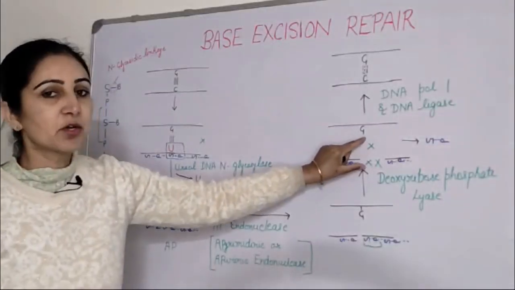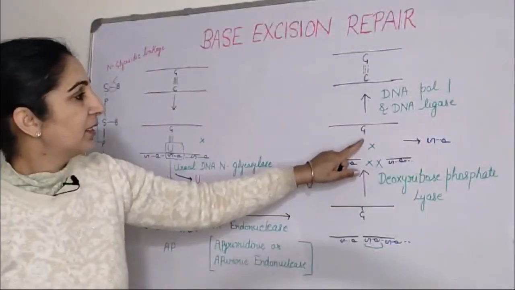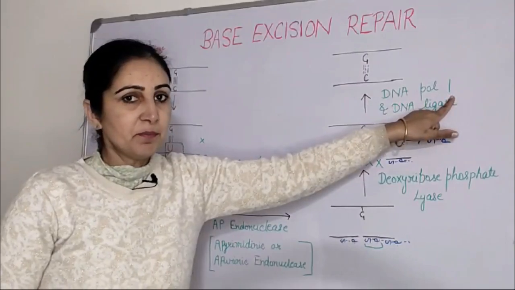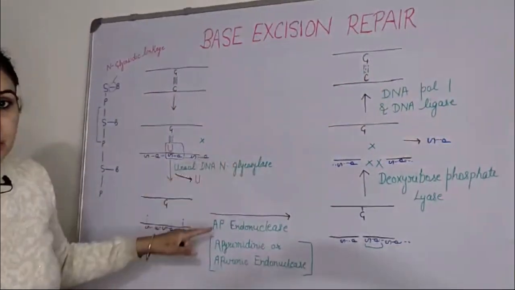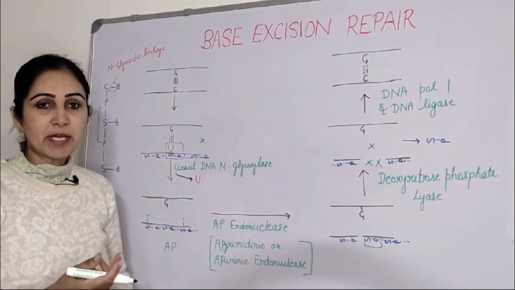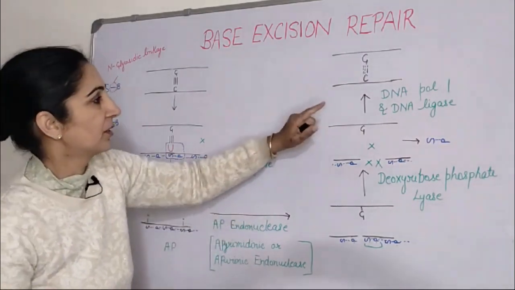So the whole of the wrong nucleotide we have removed, and now the enzyme DNA polymerase 1 will come. What does a polymerase do? Polymerase always attaches nucleotides in the 5' to 3' direction.